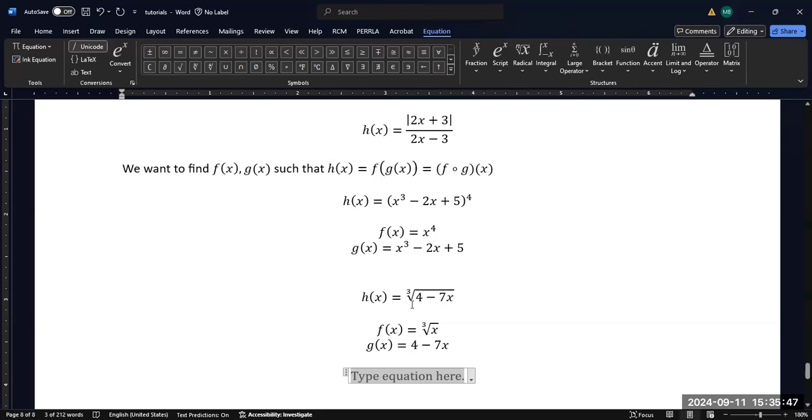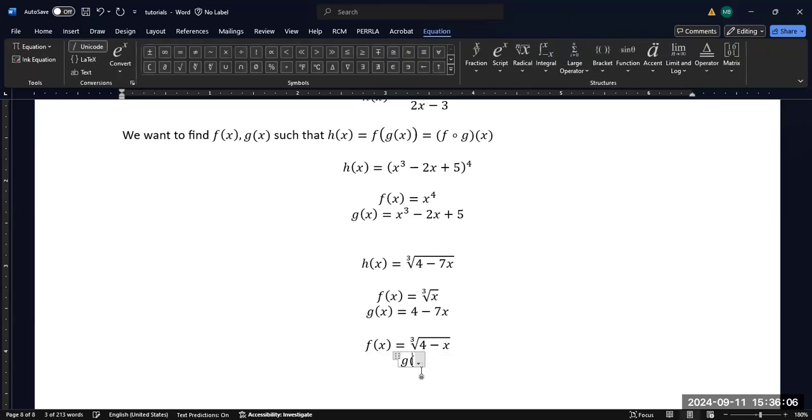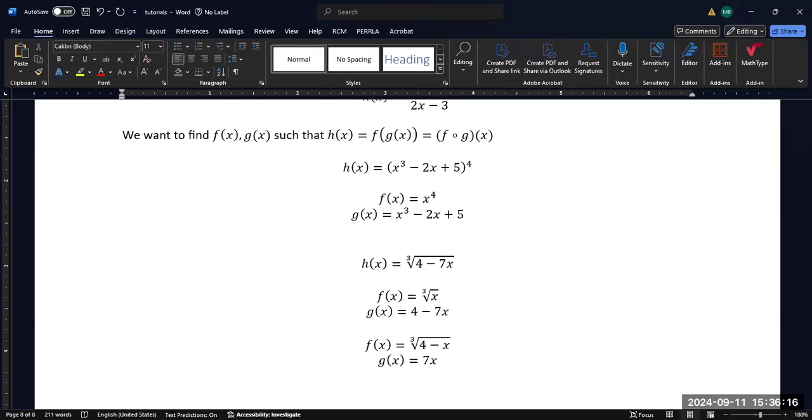I could, for example, let f of x be equal to the cube root of 4 minus x. So it's a slightly more complicated outside function. And then my g function is replacing x with 7x. Or I could do the cube root of 4 plus x, and then g would be negative 7x.